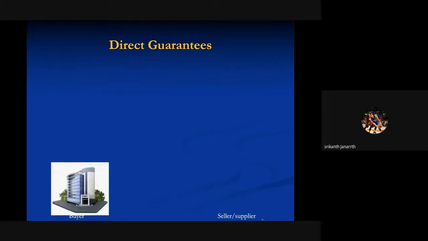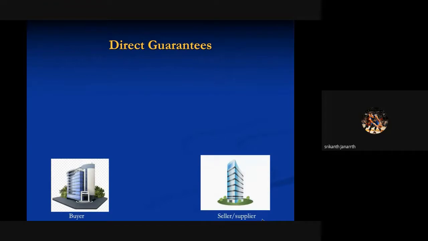There is a buyer and a seller. I'm just taking an example. I'm talking about a direct guarantee, so don't worry about local or indirect, just focus on the direct guarantee. Let's take Nestle as the seller. Nestle imports milk powder and so on.